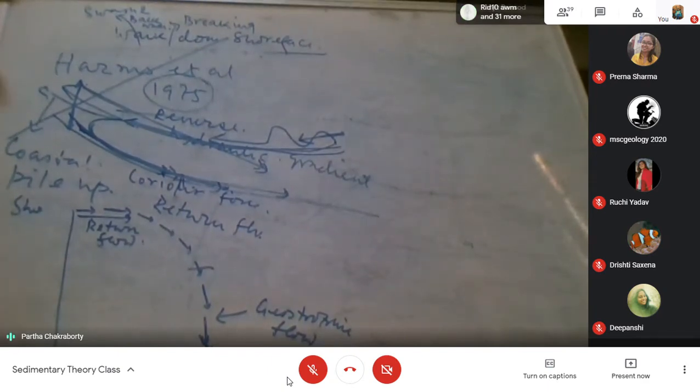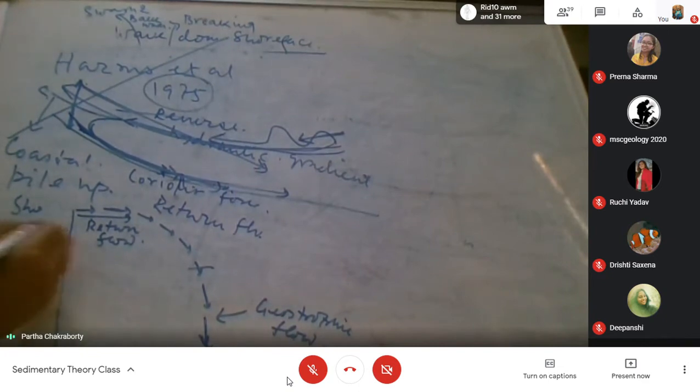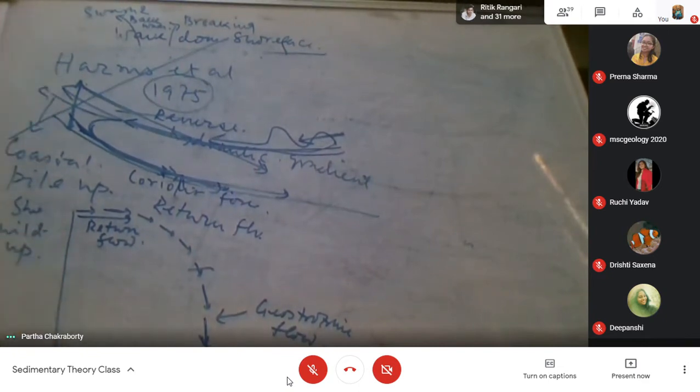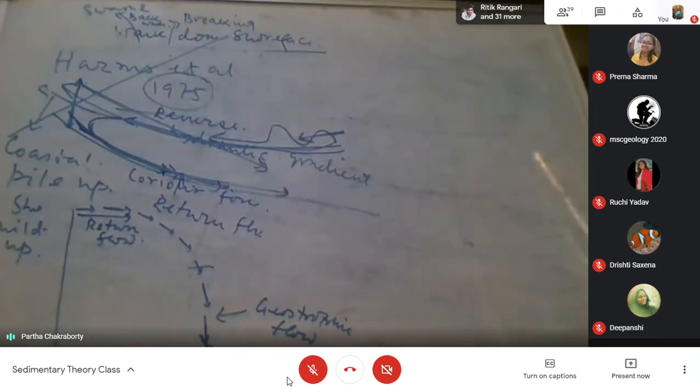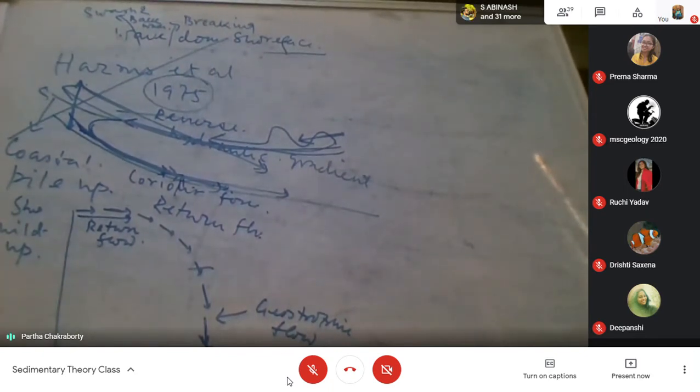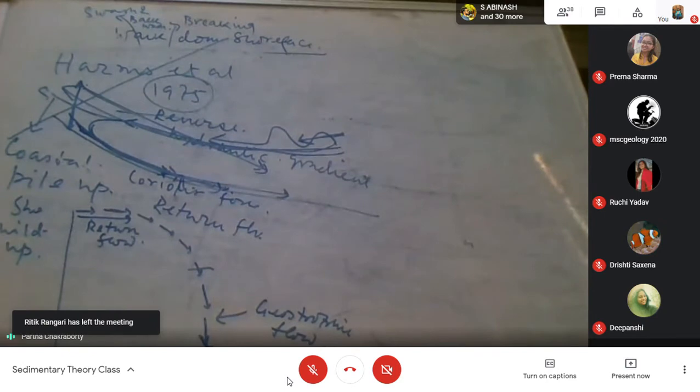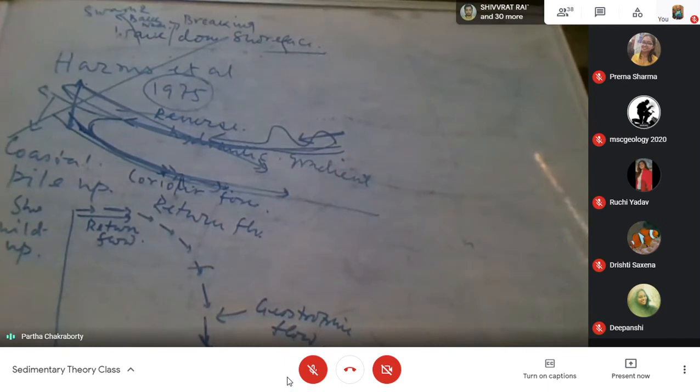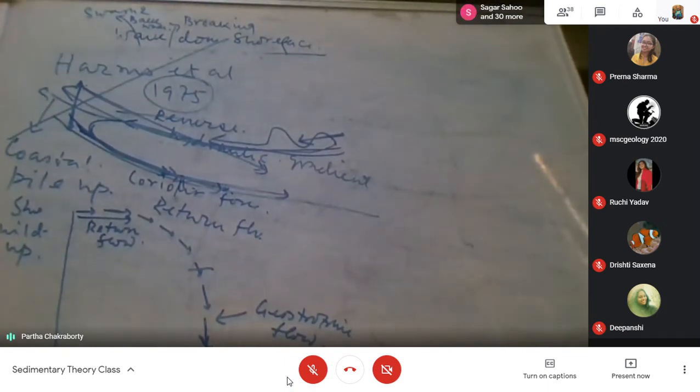So from this coastal pile-up or coastal build-up, this is because of the air scraping the water from the surface of the ocean and piling up onto the coastline. That creates a hydraulic gradient ocean-wide, and a return flow starts.